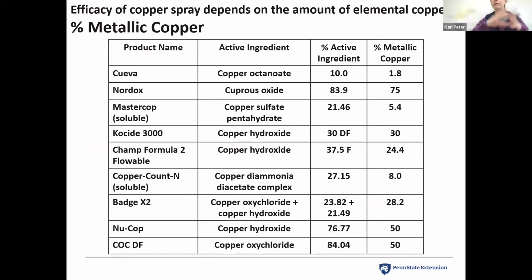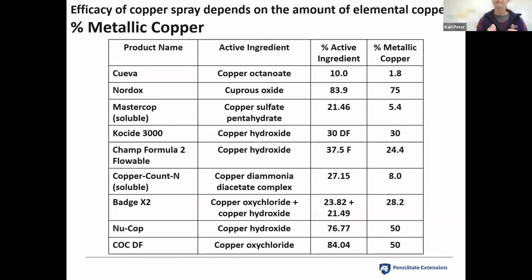And they will have an active ingredient, which is a type of copper, with a percent active ingredient. But what's really most important for you when you're making decisions about copper, what to put on and how much, is the percent of metallic copper per unit in that product.